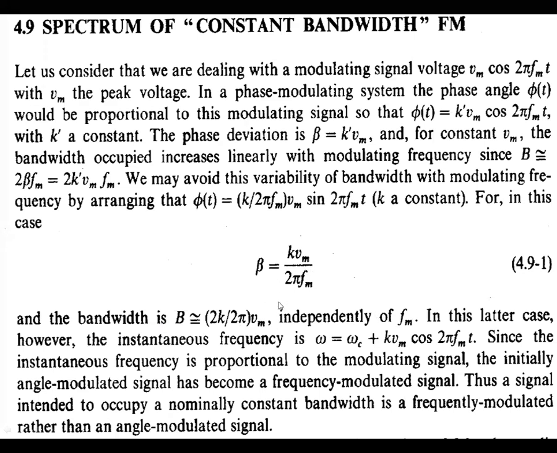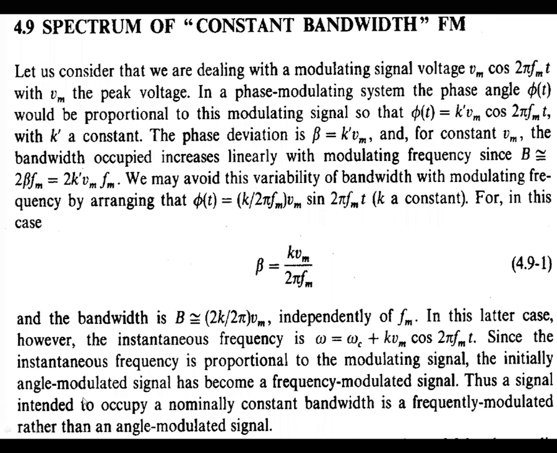You can derive that in this case there is no relation between fm and bandwidth. In this latter case, the instantaneous frequency omega is equal to omega c plus k Vm cos 2 pi fm t, since the instantaneous frequency is proportional to the modulating signal.